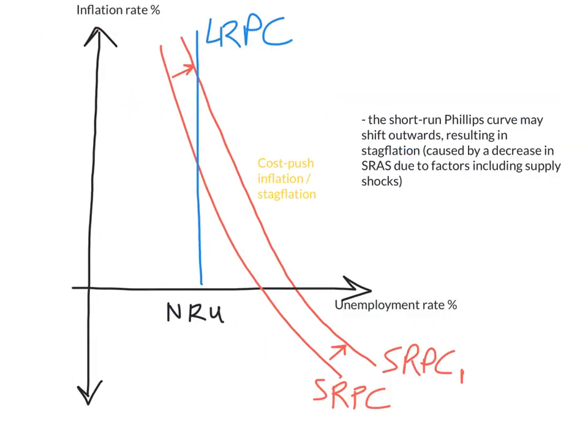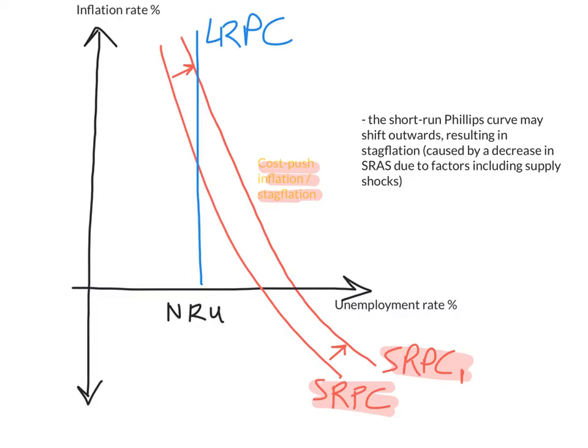So in the previous slide, we saw what happens when there is demand pull inflation. You move up the short-run Phillips curve. When there is cost push inflation, on the other hand, or stagflation, there is both inflation and a rise in the unemployment rate. Now, this is shown by a shift to the right of the short-run Phillips curve.